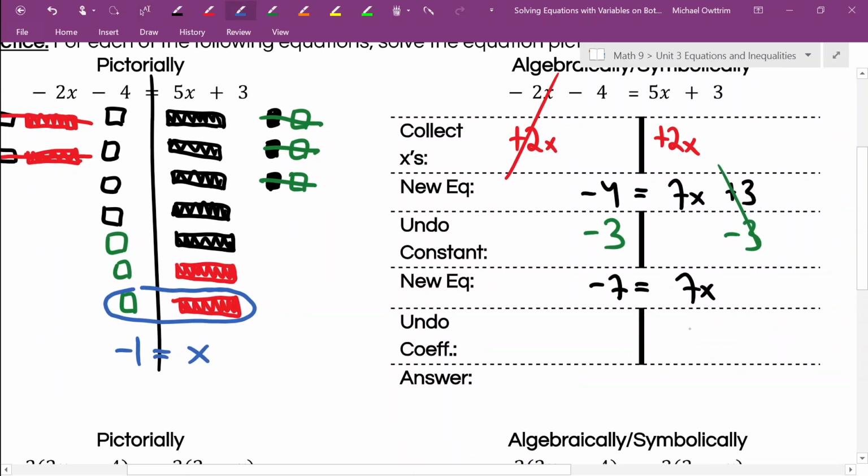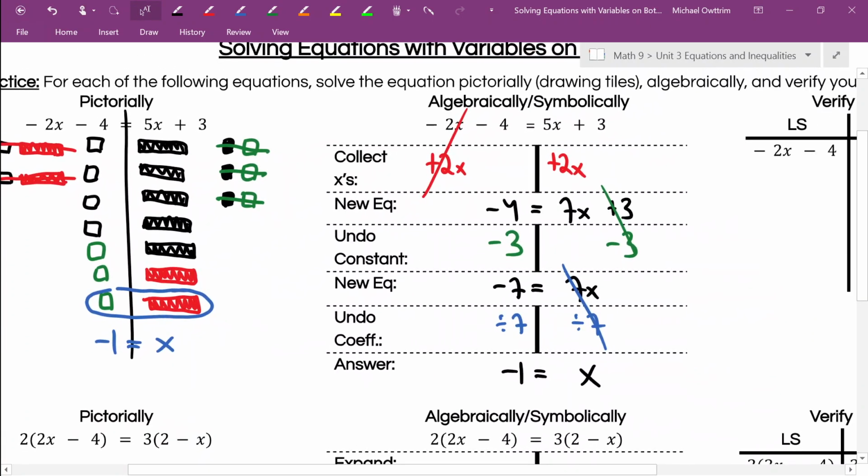This 7 is currently being multiplied by the x, so the opposite of multiplying by 7 is dividing by 7, and of course we do that on both sides of the wall. Our 7 divided by 7 gives us 1x, which is just x, and on the left side, negative 7 divided by 7 gives me negative 1. So obviously I get the same answer from both my pictorial work and my algebraic work.